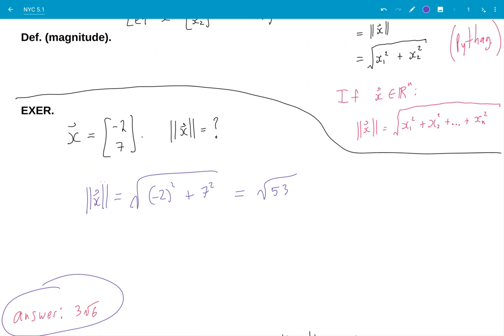What have I done wrong here? Did I copy it down wrong? I don't know. 4 plus 49 is 53. 53 is a prime number. Yeah, prime number. Okay, ignore this answer. Who cares?